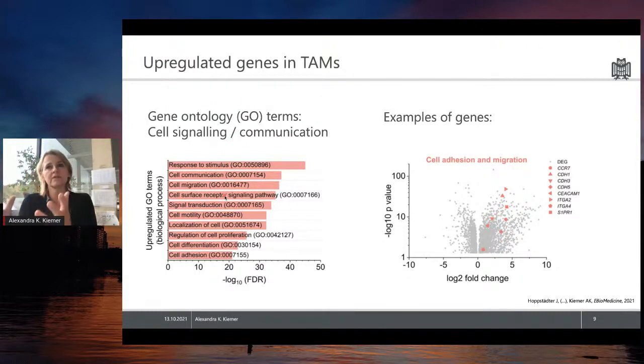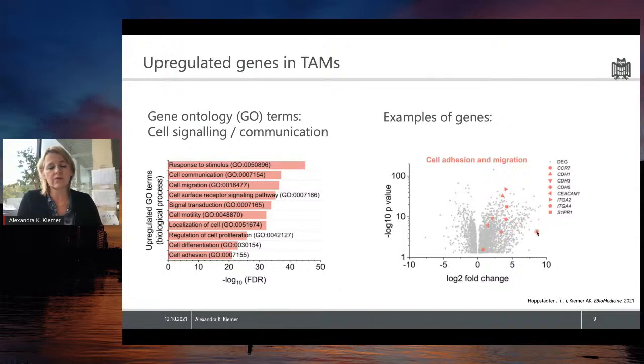Because we do have these cells in the tumor tissue, and they interact with other cell types. And when you now look at this volcano plot, you see that this cloud of genes on the right represents those genes which are upregulated in the tumor macrophages, and those on the left side represent those which are downregulated.